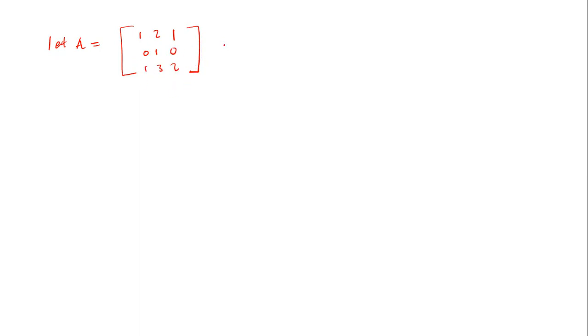And then the question says to find a matrix B such that AB is equal to A squared plus 2A, okay? So we are provided with this equation.